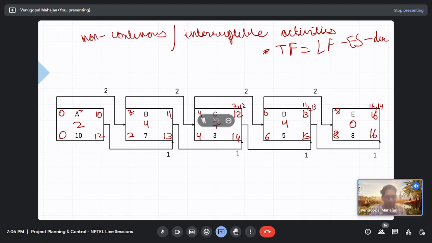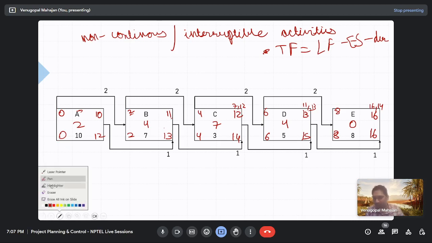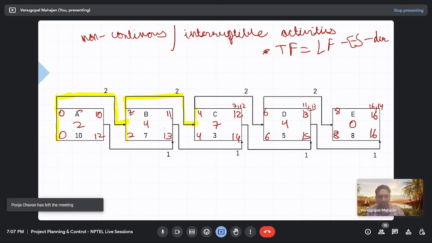What about the critical path in this case? So, start of A and then start of B. Then start of C. Start of D. Then E is already critical.